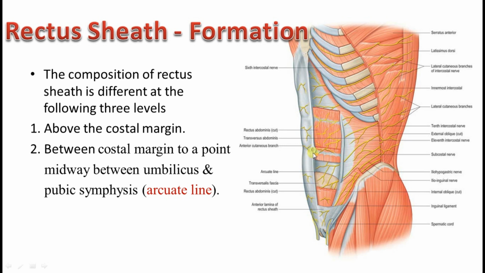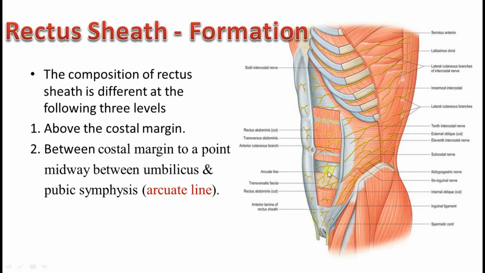Midway between the umbilicus and pubic symphysis is represented by an arcuate line. You can see the arcuate line on the posterior wall of the rectus sheath.